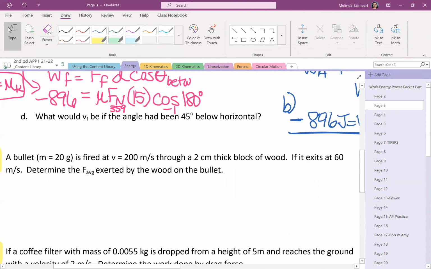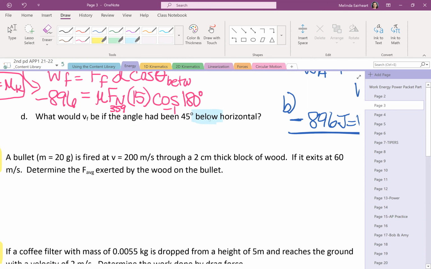Okay, D. What would the final speed be if the angle was 45 degrees below the horizontal? So now, instead of lifting it up off the ground, we're pushing it into the ground. Hopefully this sounds familiar. This is what we did on the prior page last class.